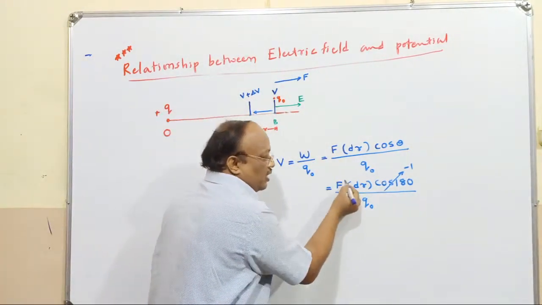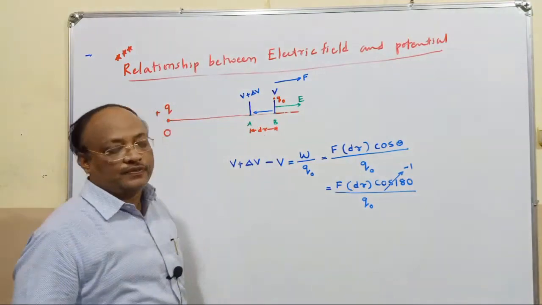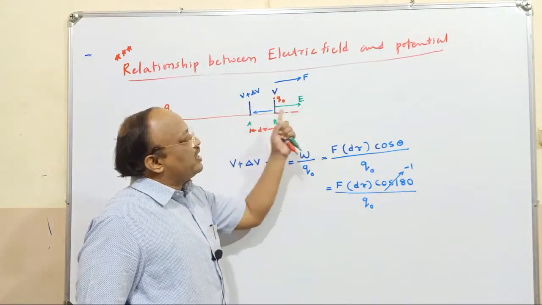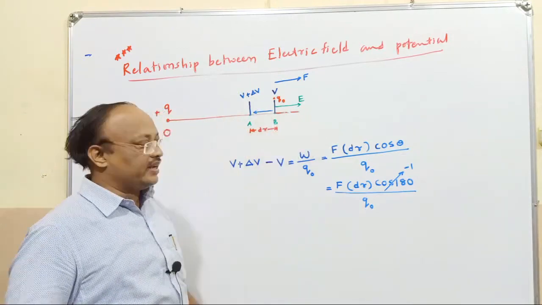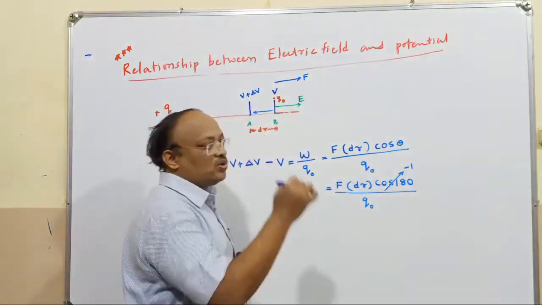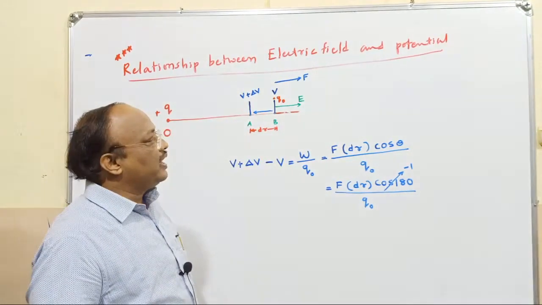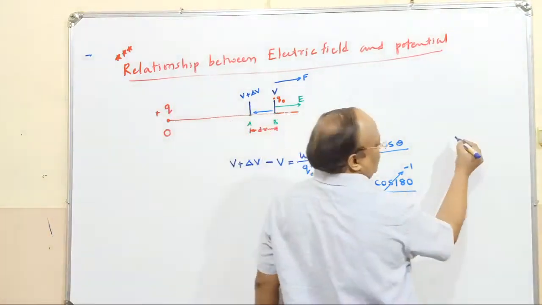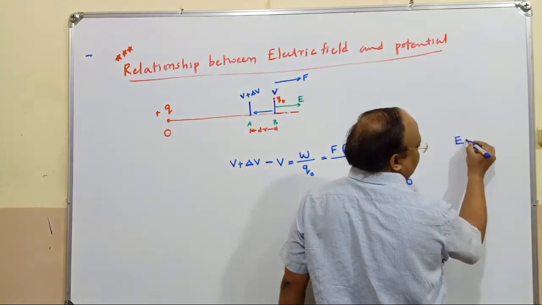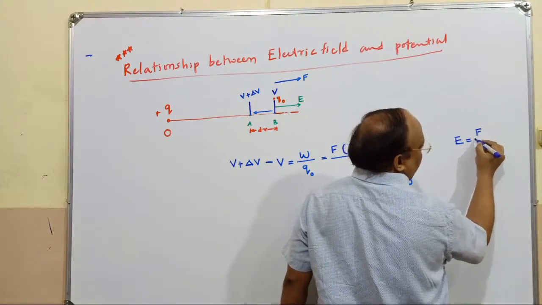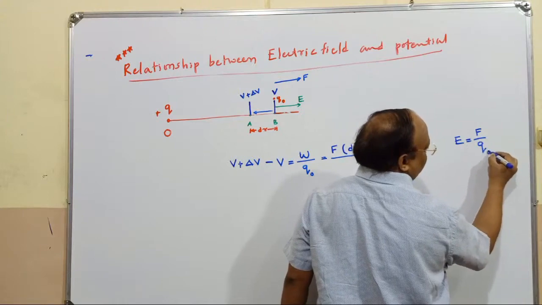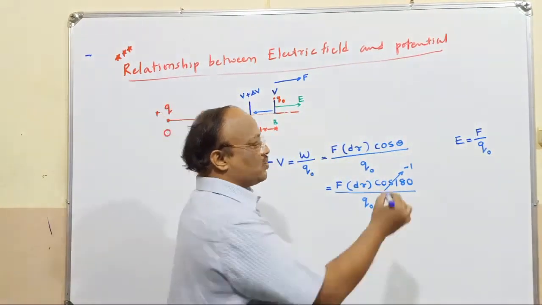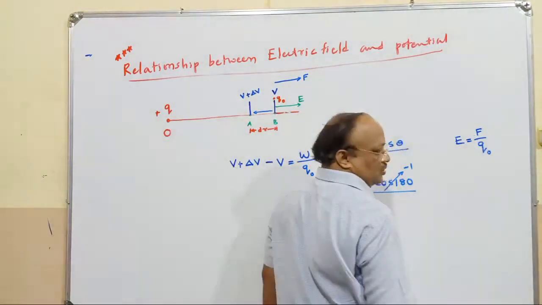Now you find the value of this F, because they have not mentioned F, only the electric field. This F we have to write in terms of the electric field. From the definition of electric field intensity, we know E is equal to F by Q naught.